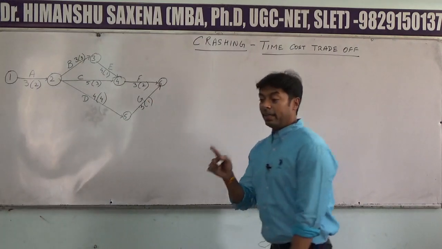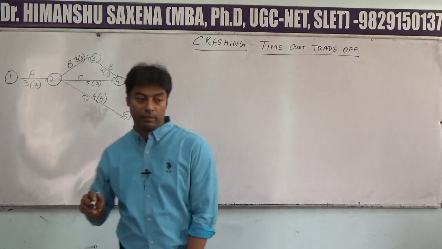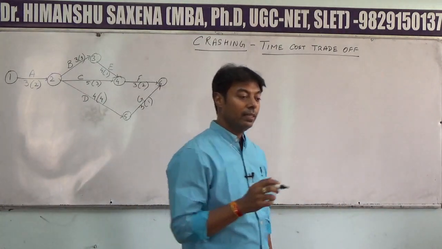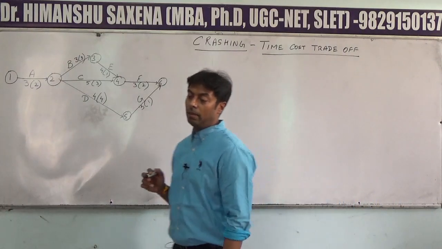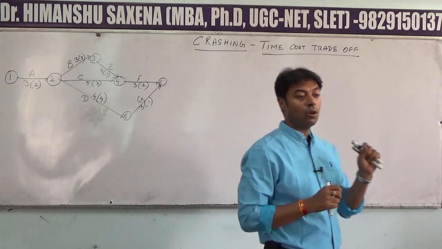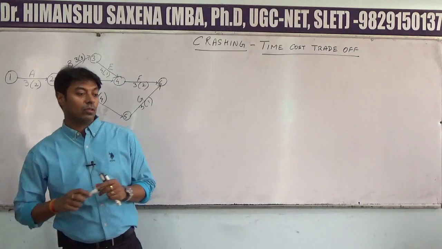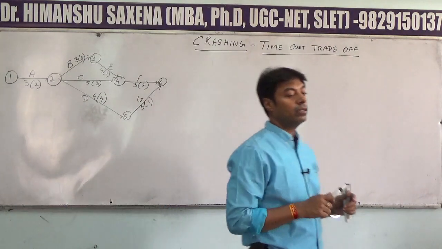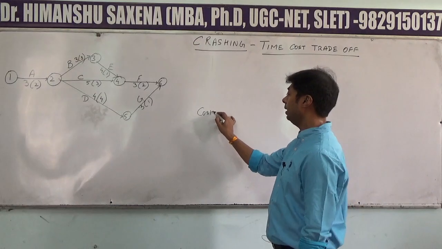Next, take down a formula to calculate the cost of reduction. The next step is to calculate the cost of reduction. Now remember, cost of reduction is also called as cost slope. And how is this cost of reduction calculated?